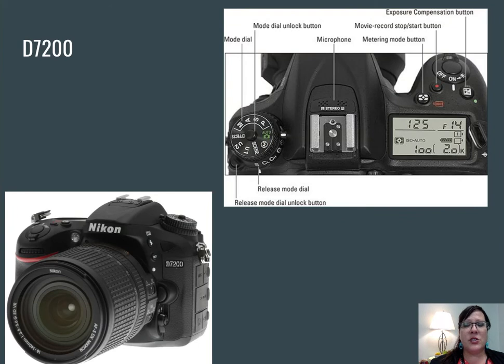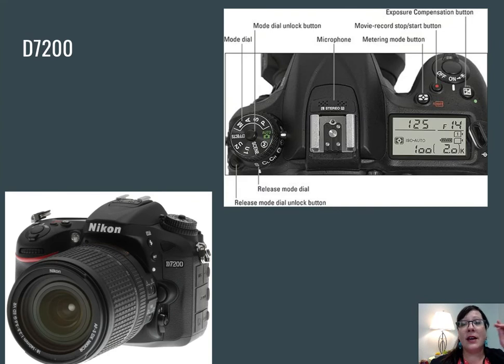So the D7200s, these are the most expensive cameras we have in our classroom right now. They're over $1,000, and they're meant for people who really get into professional photography. And why I say that is that they have a lot more customization settings and options.